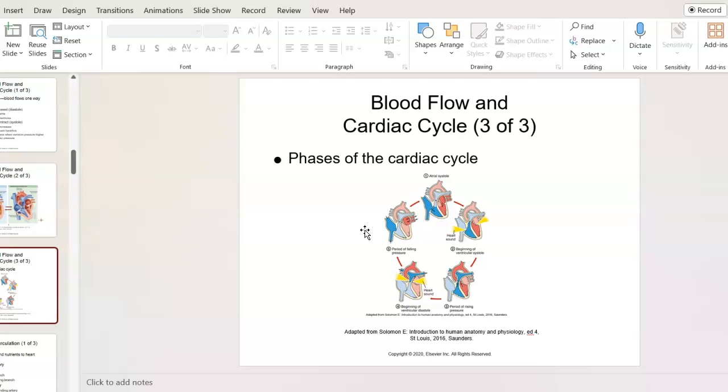They squeeze the rest of the blood down through the AV valves, the beginning of ventricle contraction. Now the AV valves have closed. We will push through those semilunar valves, and then as the ventricles relax, those semilunar valves close, and then there's a brief period of rest.